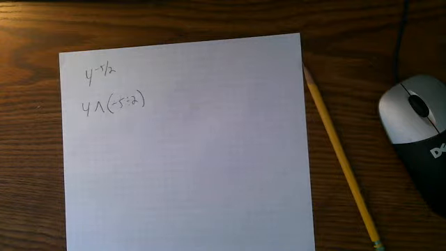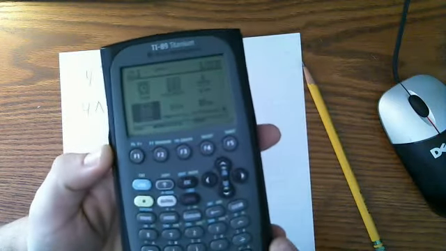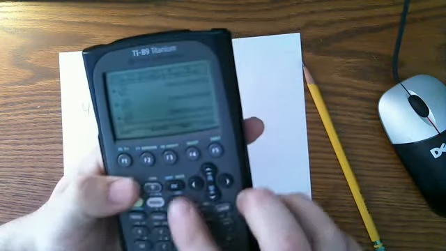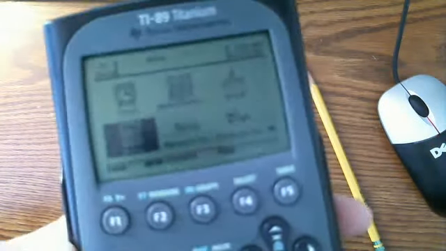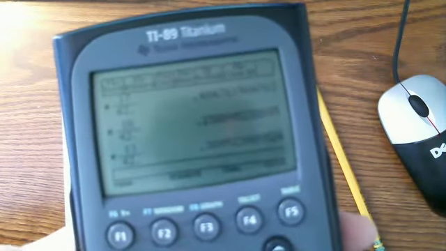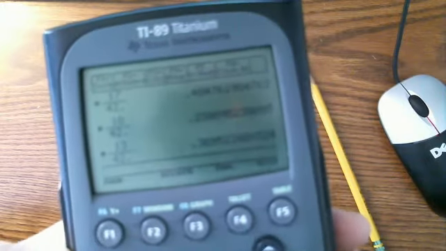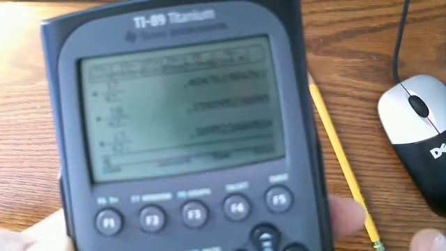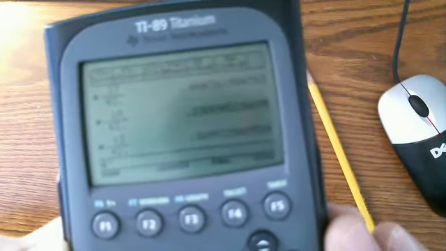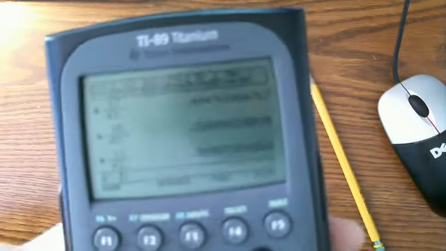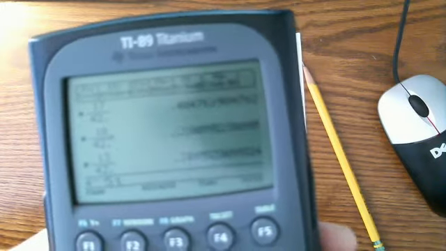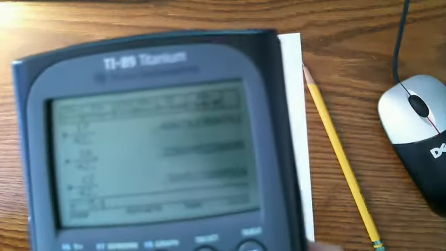Now, if I hadn't used parentheses, 4, up arrow, -5 divided by 2, it's a little tough to see that.